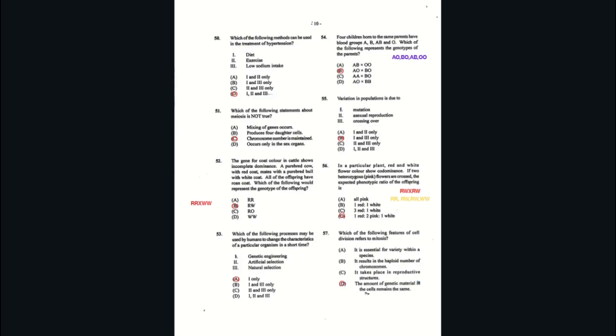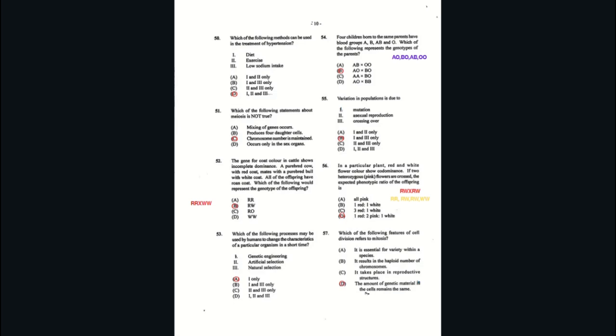So yes, we're definitely going to try diet, we're going to try exercise, and most definitely we have to lower our sodium intake because we know that sodium increases your blood pressure. So if someone has high blood pressure or hypertension, sodium is the number one thing that they have to cut back on, right? So D is going to be the answer.